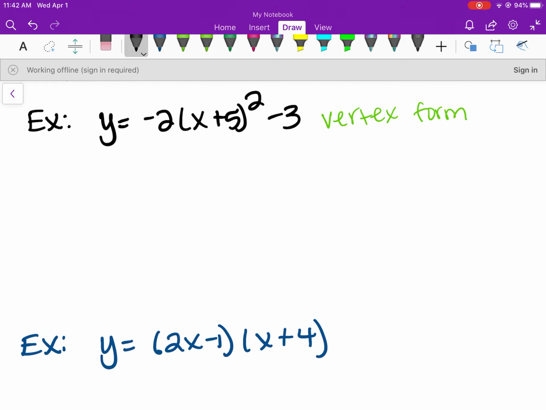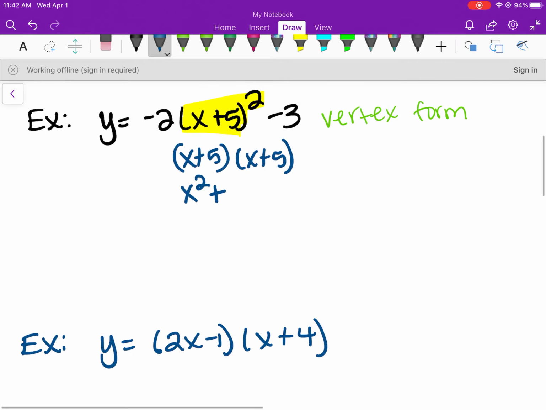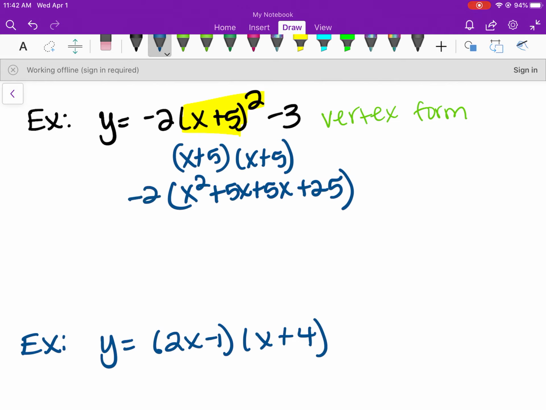First I'm going to square the x plus 5, which looks like x plus 5 times x plus 5, which is x squared plus 5x plus 5x plus 25. Remember, using the area model, x times 5, 5 times x, and 5 times 5.